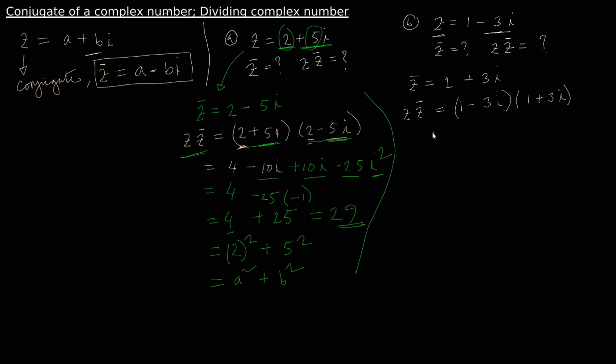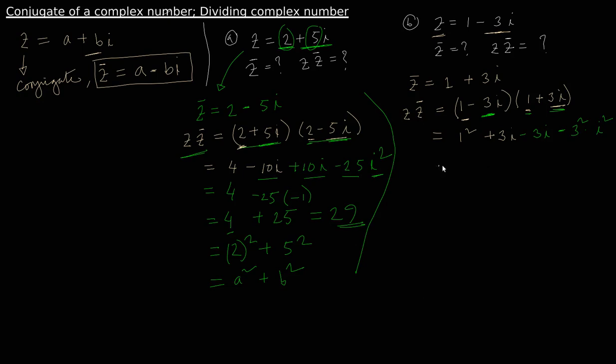Let's do the FOIL method again. 1 multiplied by 1 is 1 square. 1 multiplied by 3i is positive 3i. Negative 3i multiplied by 1 is negative 3i, and negative 3i multiplied by positive 3i will be negative 3 square, and i multiplied by i is i square.